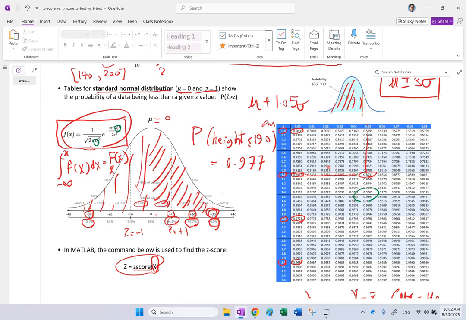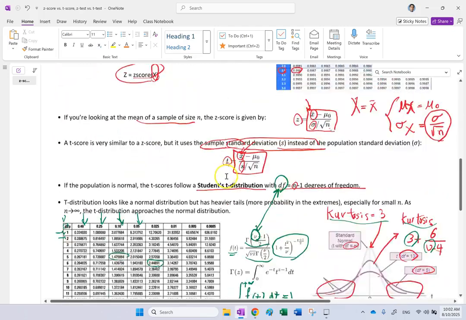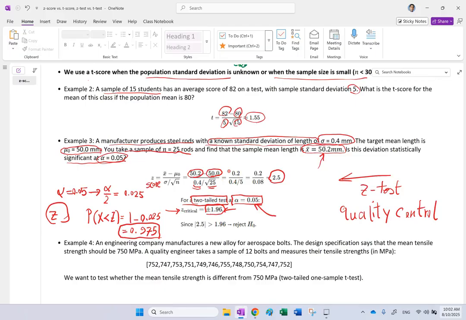So I need 0.975, and if you look at it, here that number is exactly 0.975, and if you look at what z-score it corresponds to, it's 1.9 and then 0.06. So the z should be 1.96. At 1.96, your probability is about 97.5%.